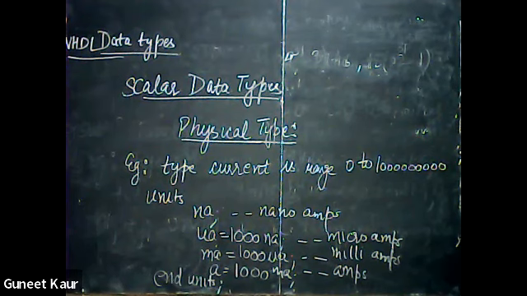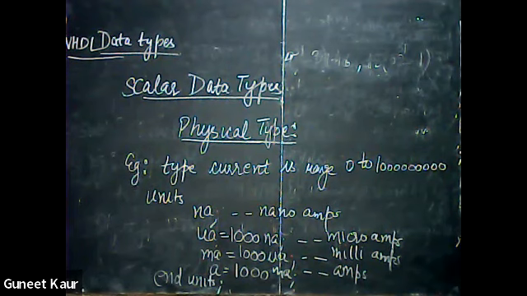I am taking the example of current ranging from 0 to 9 zeros, that is nano. So the units defined are NA, UA, MA. UA stands for microampere, NA stands for nanoampere, MA stands for milliampere, and A is for ampere. And last is end units.